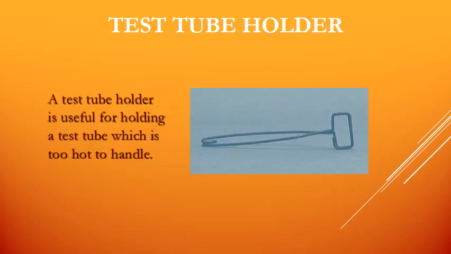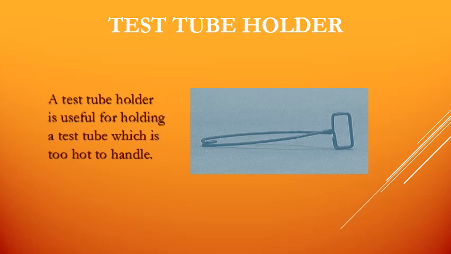Test tube holder. A test tube holder is used for holding a test tube which is too hot to handle. So when we use a test tube for heating substances, we cannot hold it with a hand. That time we need a test tube holder to hold the test tube and heat it in a flame.